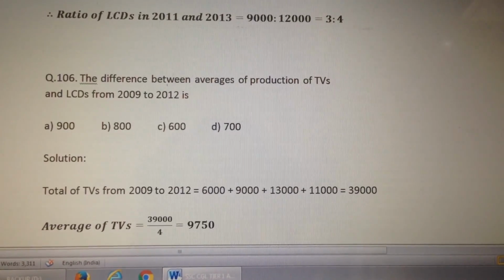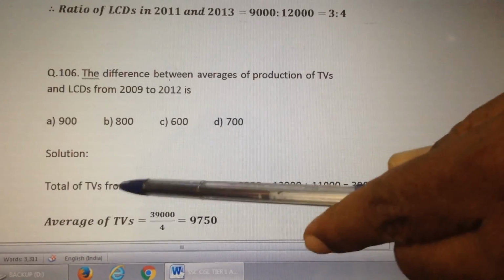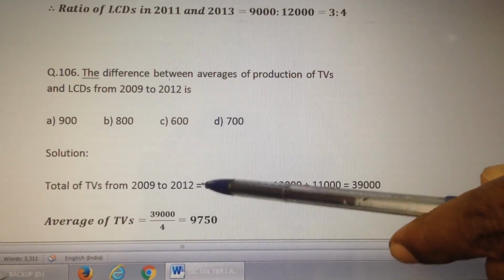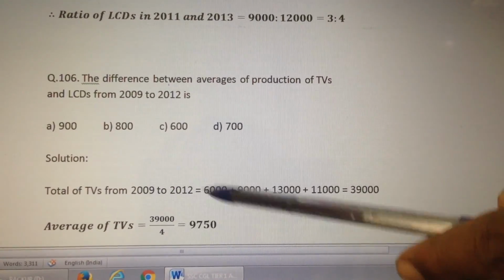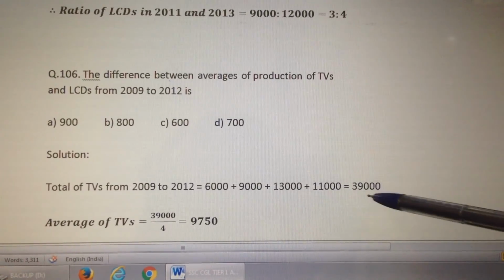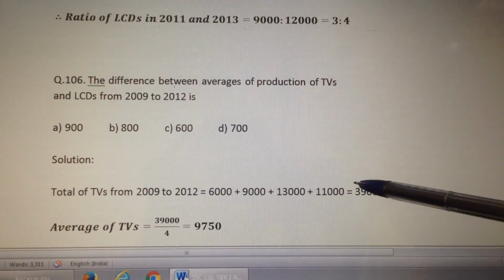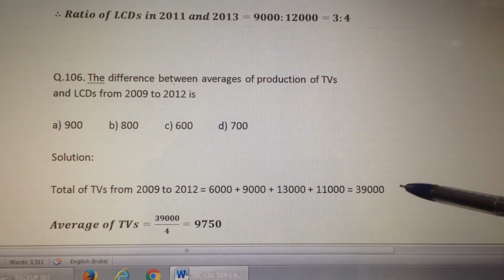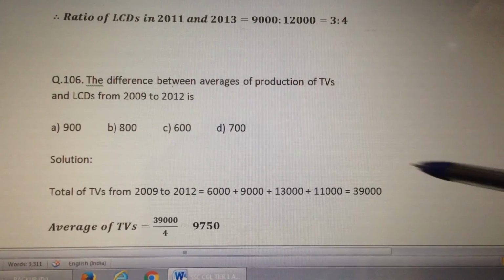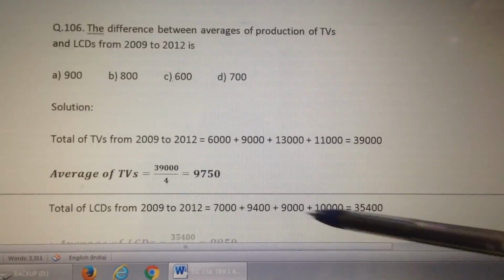from 2009 to 2012. First, the total number of TVs from 2009 to 2012 is 6,000 plus 9,000 plus 13,000 plus 11,000, which is equal to 39,000. The average is 39,000 by 4, which is equal to 9,750.